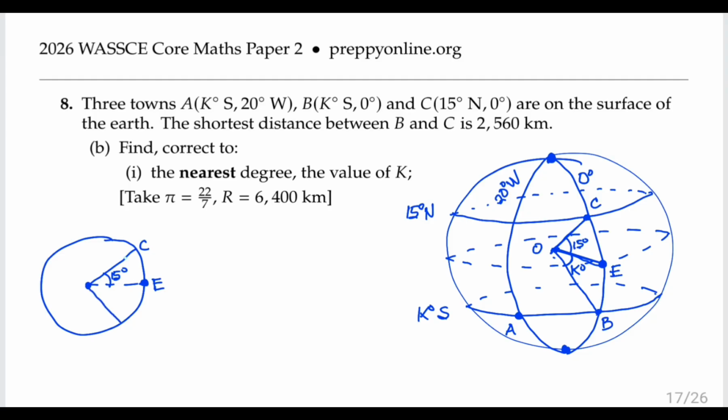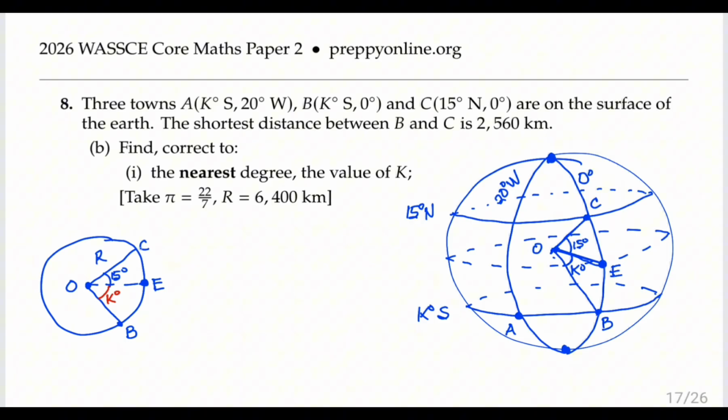Let me use a different color. So we have k degrees here, and when you go down k degrees, you have point B. This distance is the radius of the earth. This is point O. And we are trying to find, to the nearest degree, the value of k.